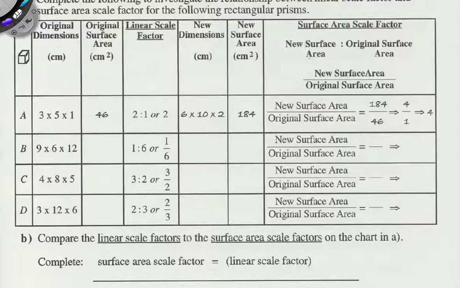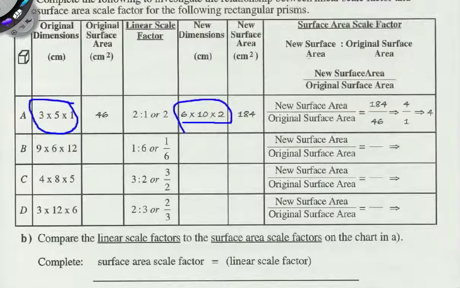So, yeah, 3 by 5 by 1 is now 6 by 10 by 2. So thinking of the new surface area, again, it'll be 6 times 10, and 2 of those. So 60 times 2 is 120. That'll be 6 times 2 is 12, times 2 is 24.